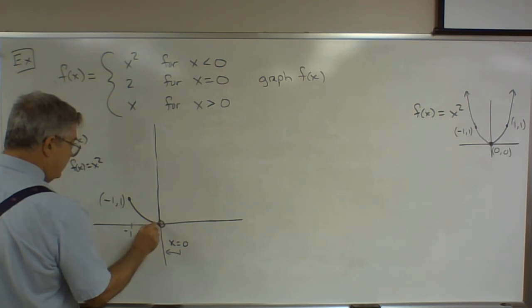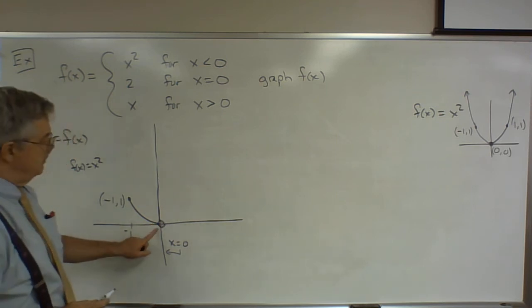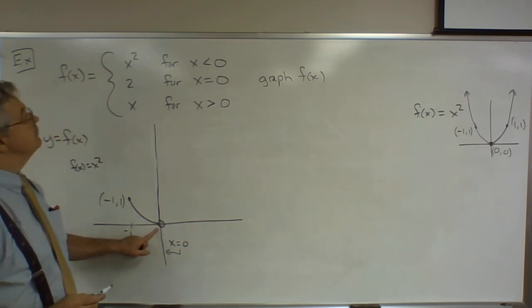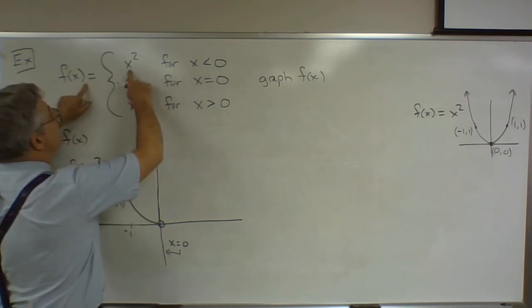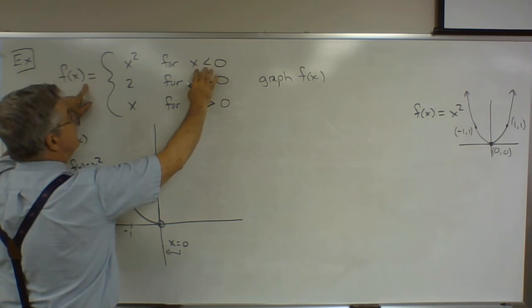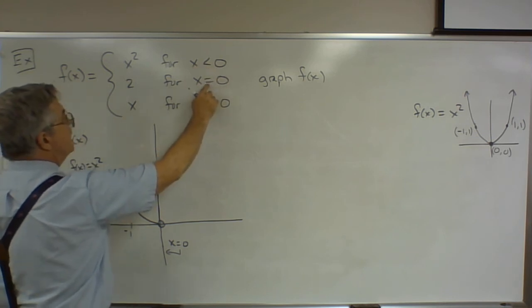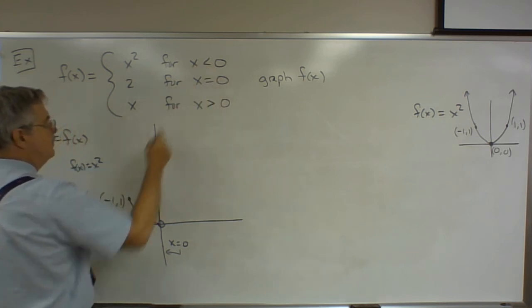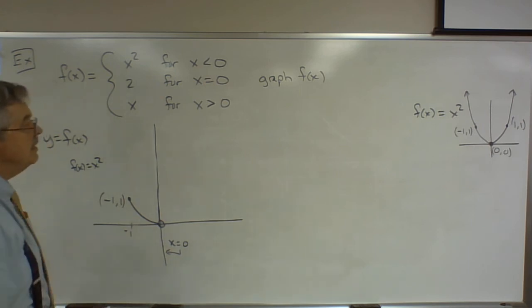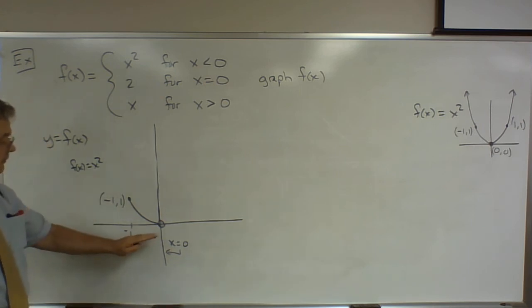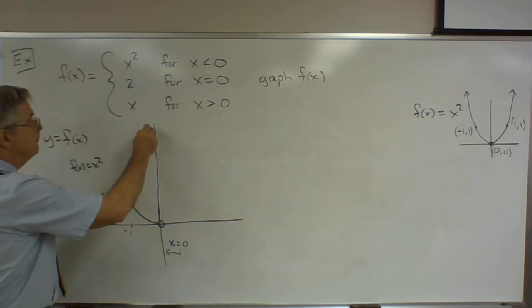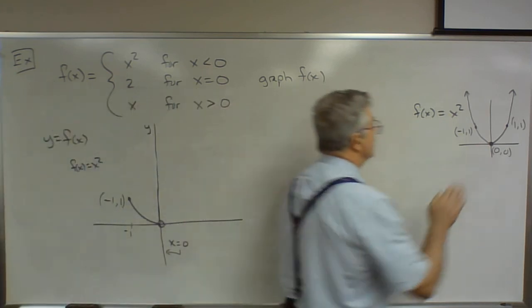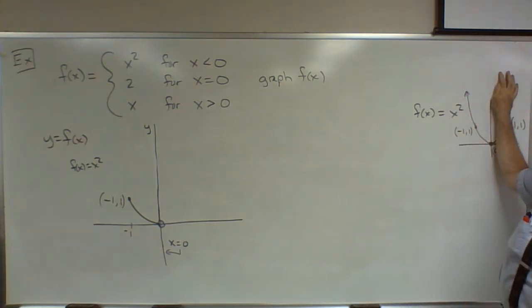Now right here, I'm going to put an open spot because this definition for f of x is only valid when x is less than 0. It doesn't apply when x is equal to 0, so we'll have to look at that separately. But when x is less than 0, that is to the left of the y-axis, this is what the graph looks like.